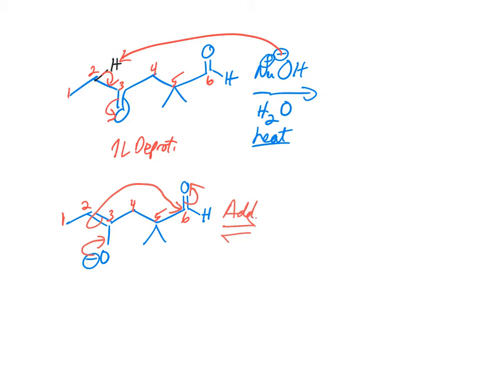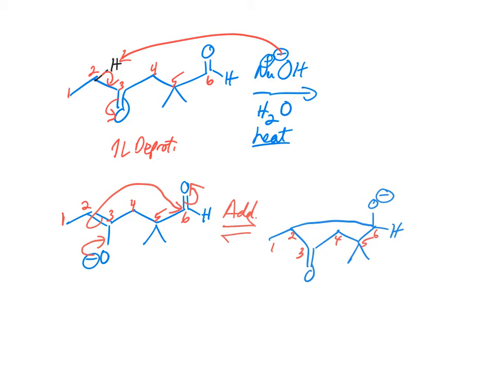Making a tetrahedral intermediate. So do I want to draw this pretty, or draw it ugly first? Let's draw it ugly first. 1, 2, 3, 4, 5, 6. So there's certainly the ugly version. We made a 5-membered ring.